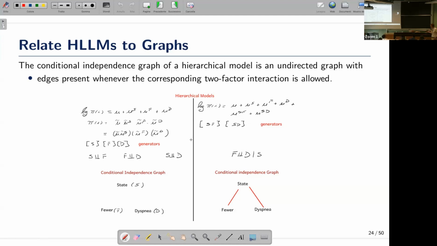So if I can write this bit here with two factors, let's say P1 and P2, one that contains just S and F, and one that contains just S and D, then I'm fine, because I respect the definition of factorization. And that one tells me something about the conditional independence, okay? I don't know whether I answer your question, but that's more or less what I did here.